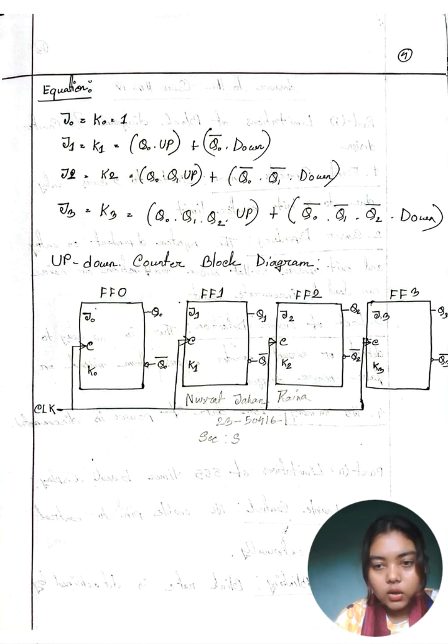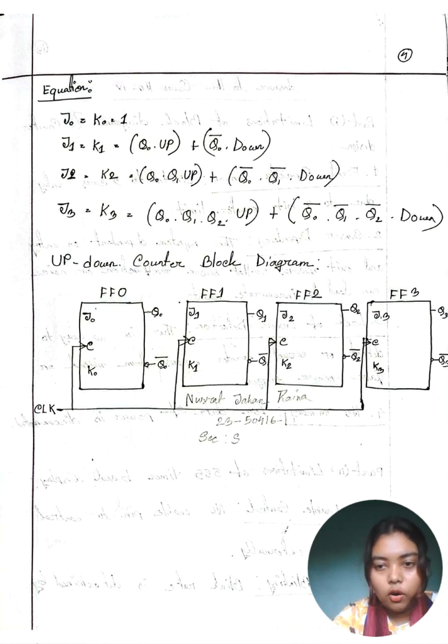Here J1 is equal to K1 equal to Q0 into up plus Q0 bar down. This equation for FF1, the J and K inputs, shows that it toggles if Q0 is high and the up signal is active, or if Q0 is low and the down signal is active.